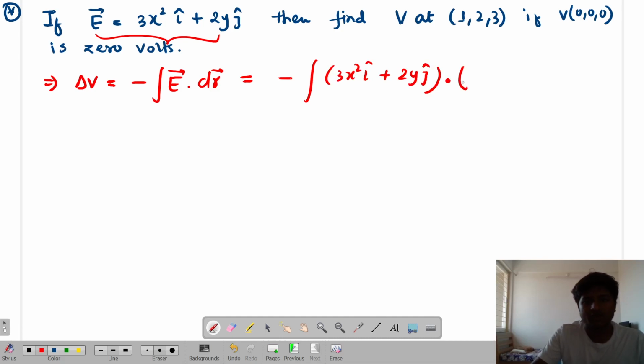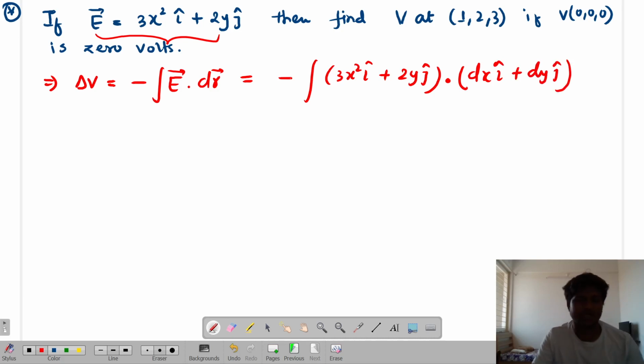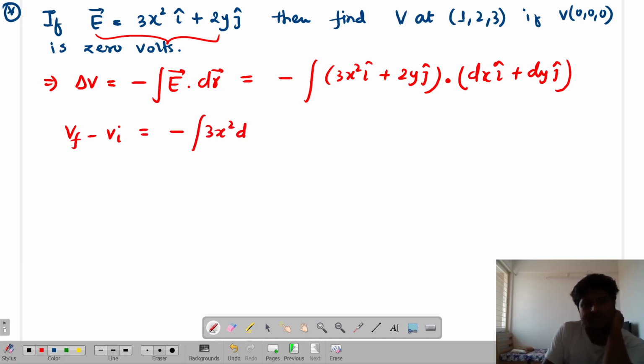Then you have to take the dot product with the dr in the form of vector quantity, which is dx i cap plus dy j cap plus dz k cap, right or not? So it will become what? Change in potential, that is V final minus V initial, is equal to minus 3x square dx minus 2y dy, because i dot i is 1, j dot j is 1, others are 0, isn't it?